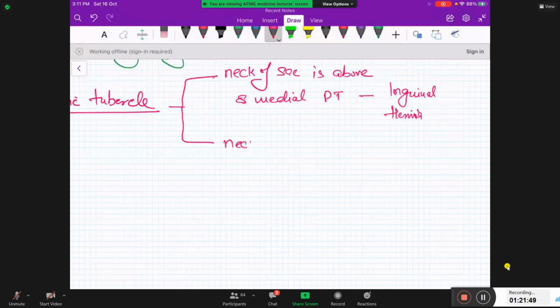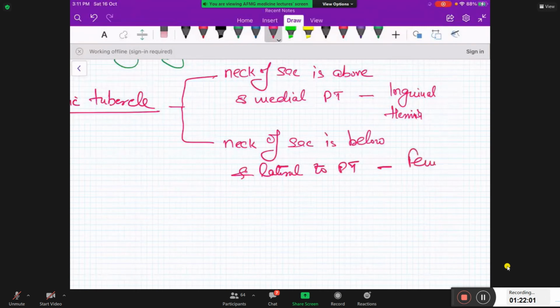If the neck of the sac is below and lateral to the pubic tubercle, it is a femoral hernia. A very commonly asked question.